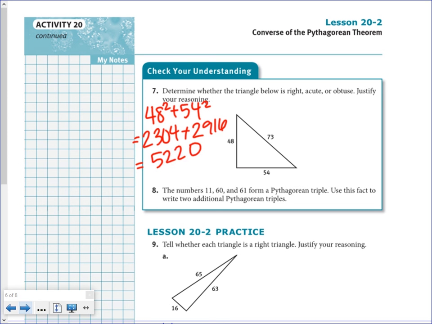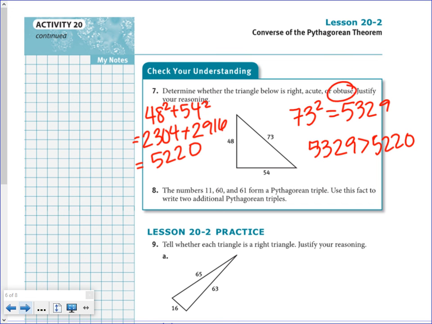And then look at your C squared. 73 squared is 5,329. So my C squared is bigger than my A squared plus my B squared. So that means I have an obtuse triangle. And the reason it's obtuse is because your C squared is bigger than the other two sides added together after you square them. So now let's look at number 8.